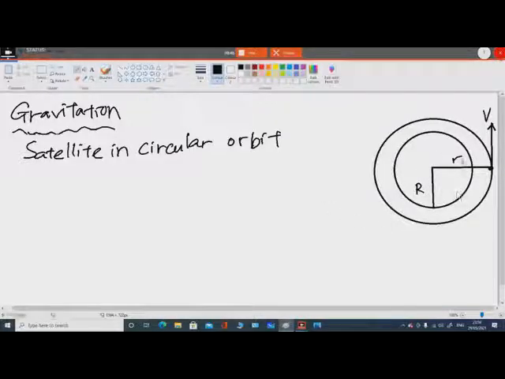As the satellite is revolving with a certain velocity, let me write here: satellite revolving with certain velocity.